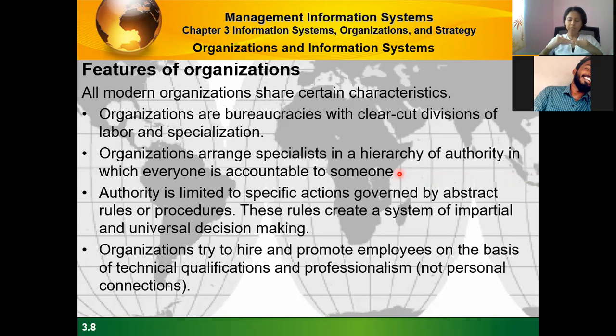So in this hierarchy, every person is accountable to someone, right? The lower level employees, they are accountable to their supervisors. The supervisor is accountable to their manager, right? And if we go on towards the higher levels of the hierarchy, you can find how each person is accountable to someone else. What do you mean by accountable to someone?